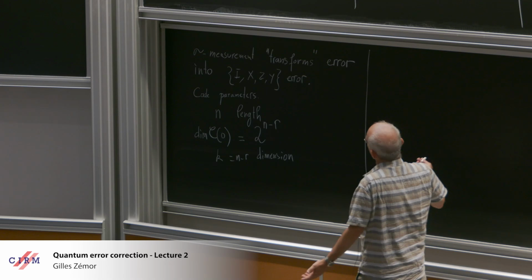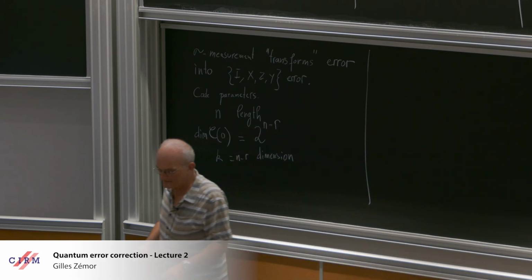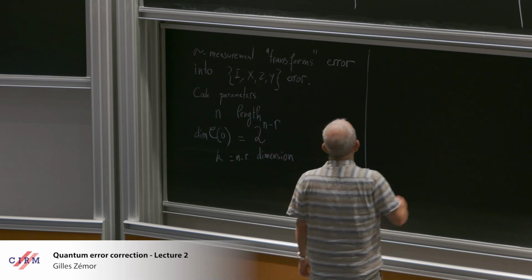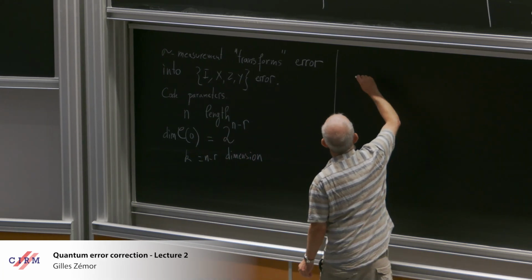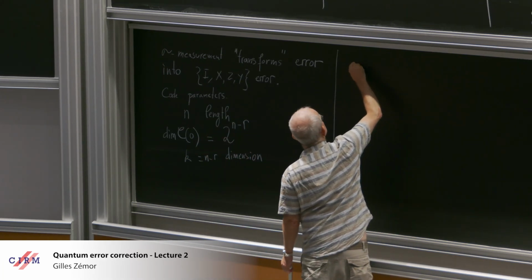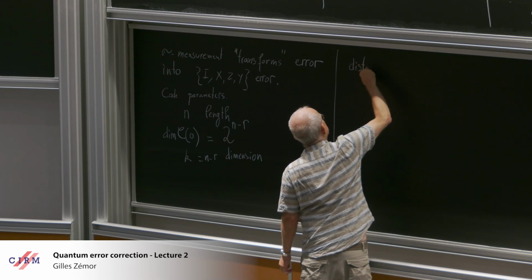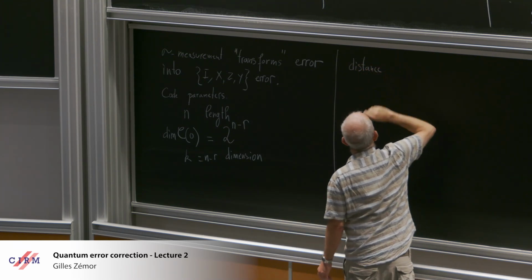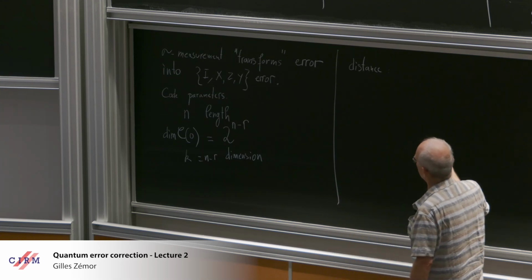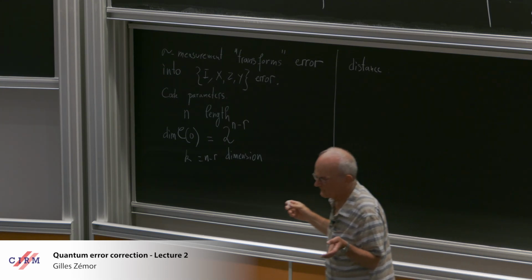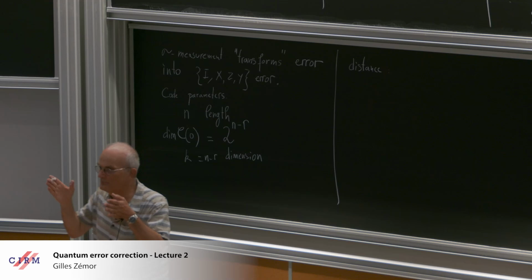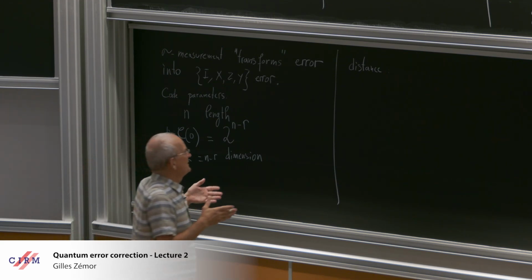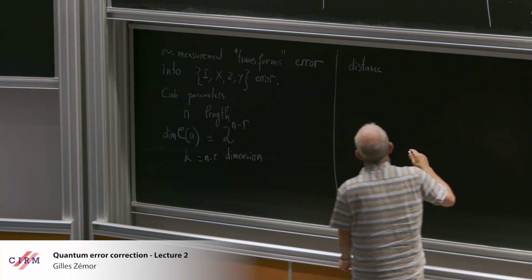And now the third parameter in the classical case was the minimum distance of the code. Here we again define the distance parameter. If you remember what it was in the classical case, it was the smallest weight of an error pattern with zero syndrome. So we attempted to say this.